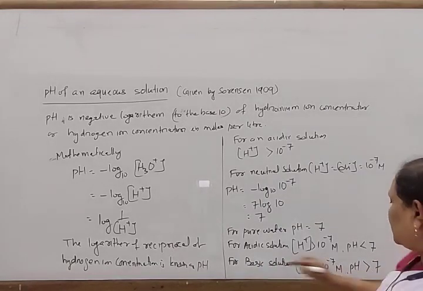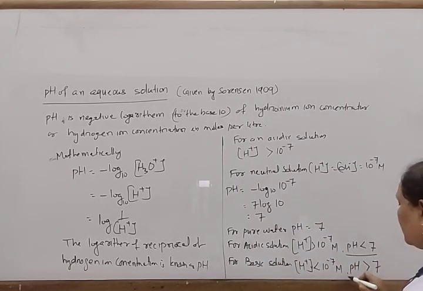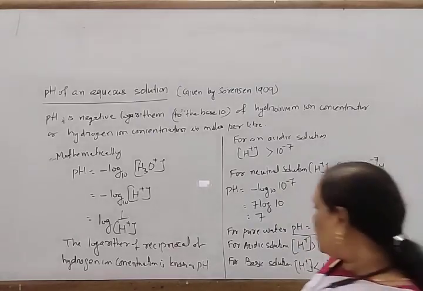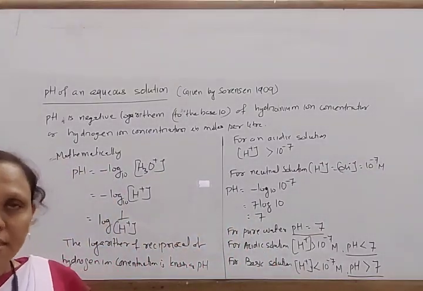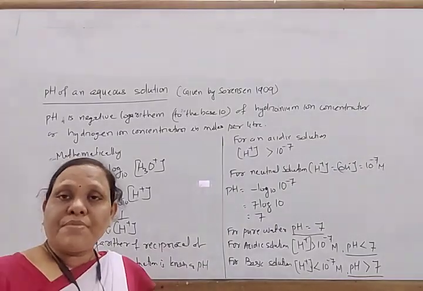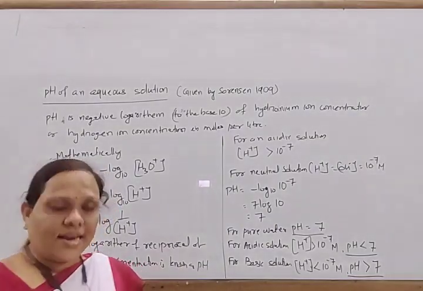So for an acidic solution, pH is less than 7, for a basic solution, pH is greater than 7, and for a neutral solution or pure water, pH is equal to 7 at a temperature of 298 Kelvin.